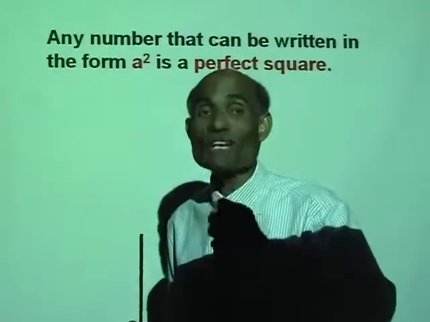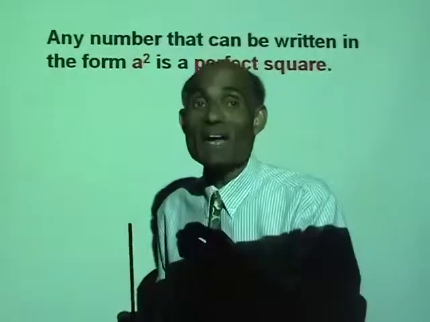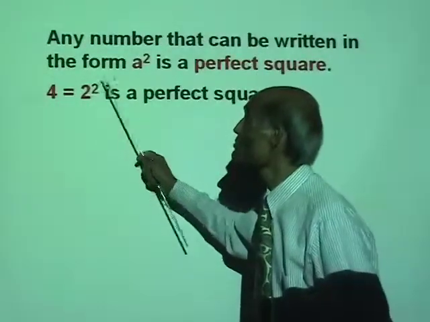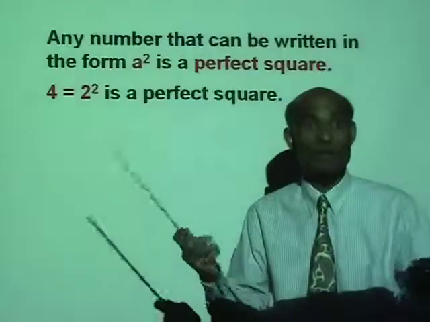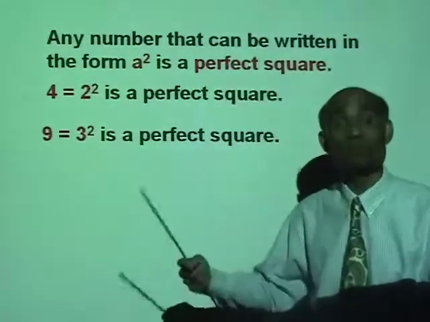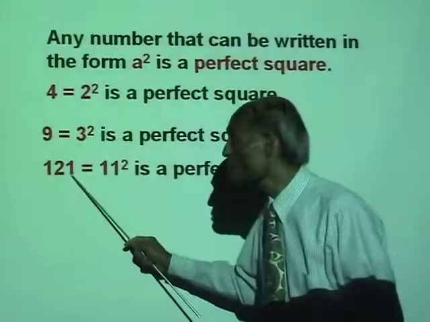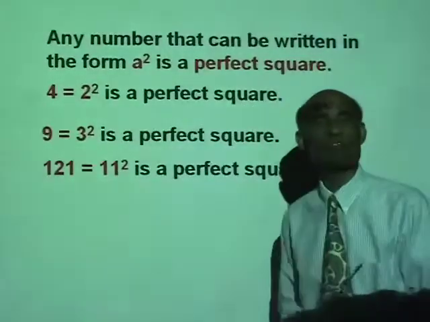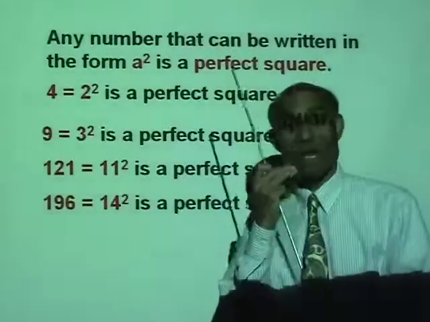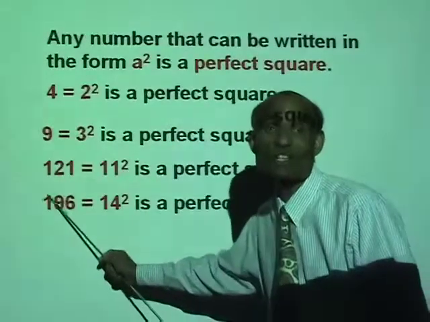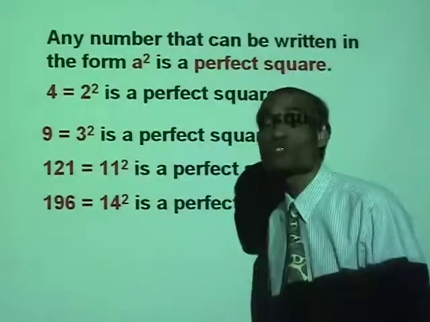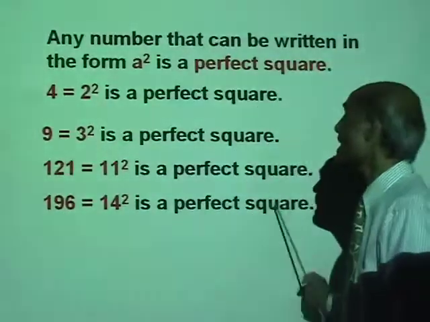That means 4 is a perfect square. 9 equal to 3 squared is a perfect square. 121 equal to 11 squared is a perfect square. 196, this is the third time we are meeting this number. 196 is 14 squared. It is a perfect square.